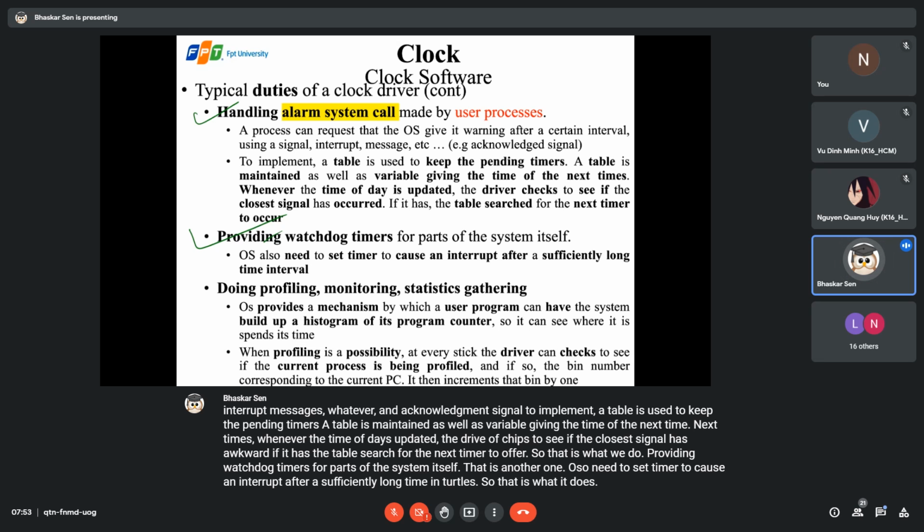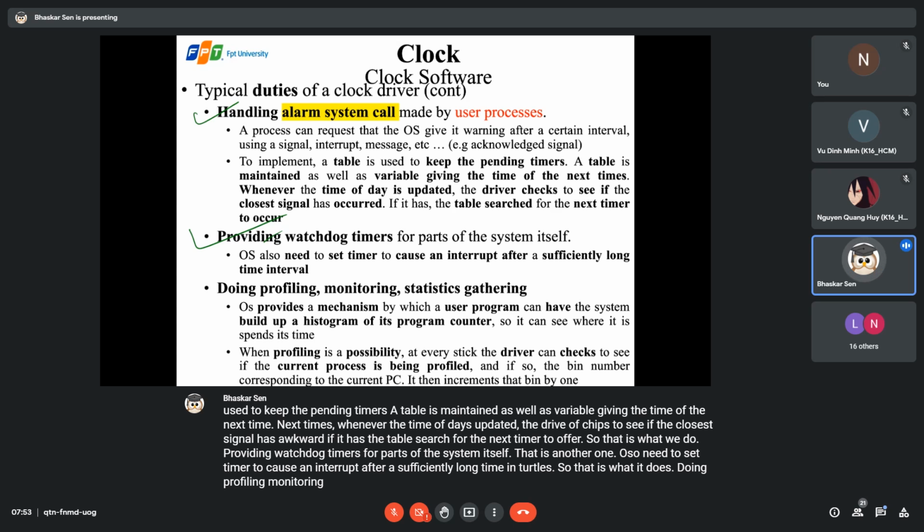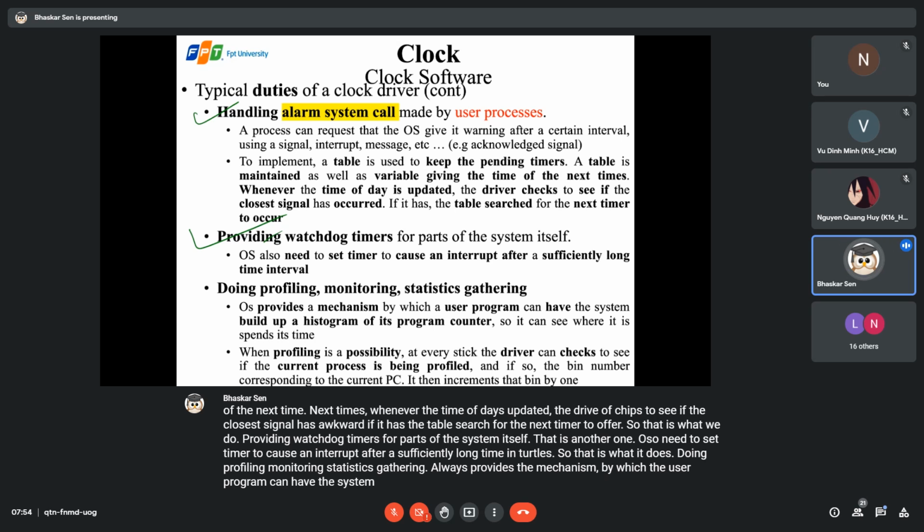Doing profiling, monitoring, statistics gathering: the OS provides a mechanism by which the user program can have the system build up a histogram of its program counter. So that too, by itself, is one of the responsibilities.